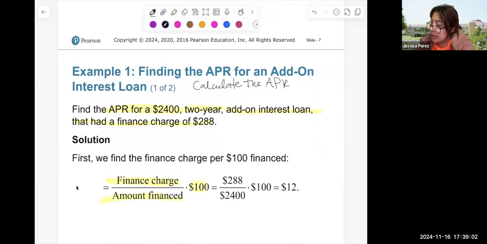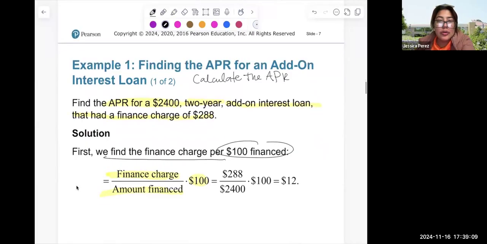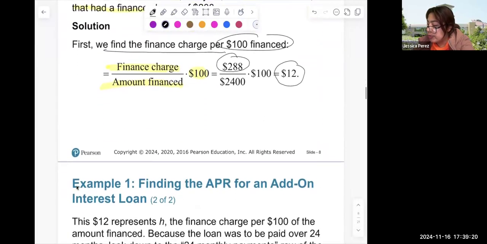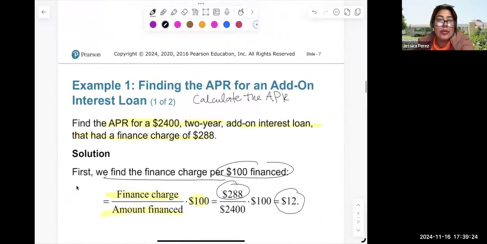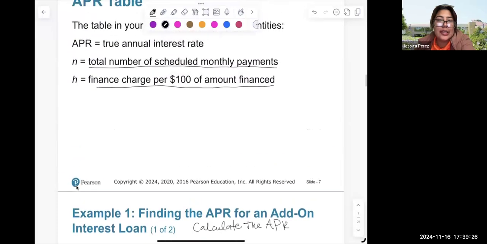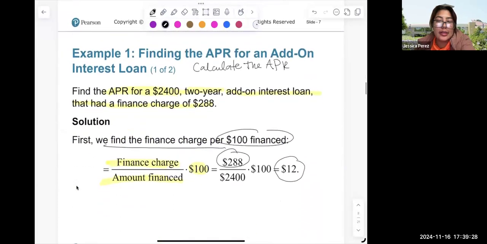Why times 100? Because we need to find the finance charge per $100 financed. So $288 divided by $2,400 times 100 gives $12. This $12 only represents H, the finance charge per $100 financed.